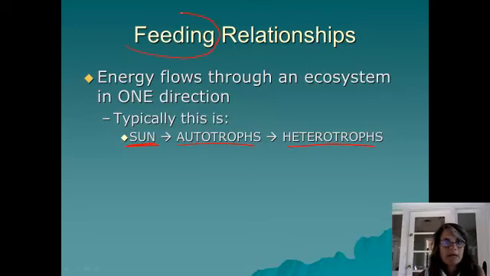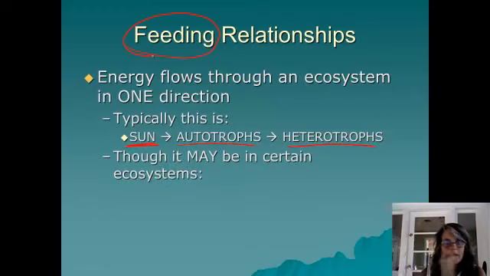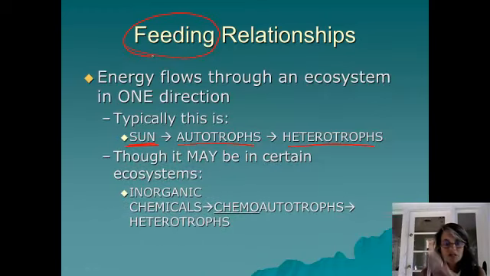And those are basic feeding relationships, at least here on the surface, okay? Now, in certain ecosystems, however, like ones that are at deep sea vents based on chemosynthesis, inorganic chemicals being spewed out from the earth would take the place of the sun.